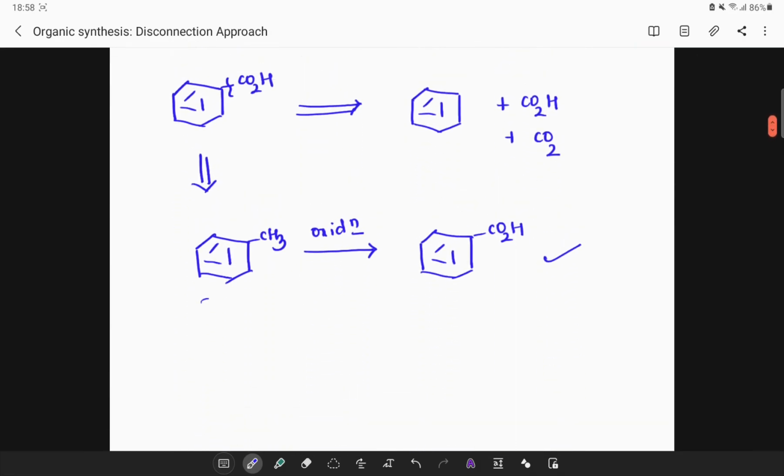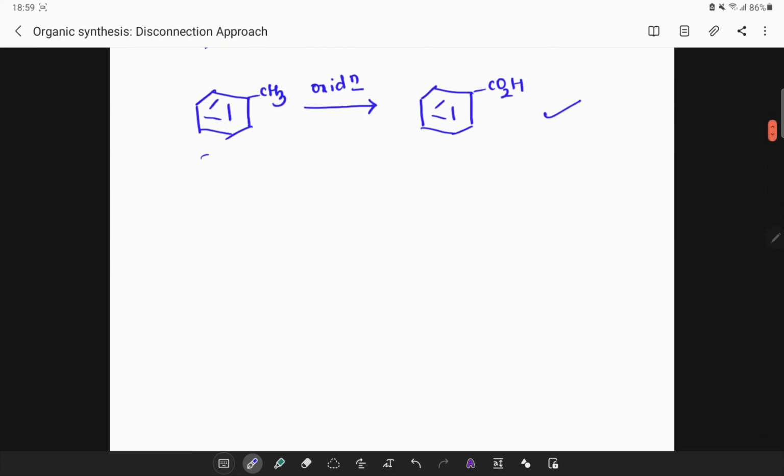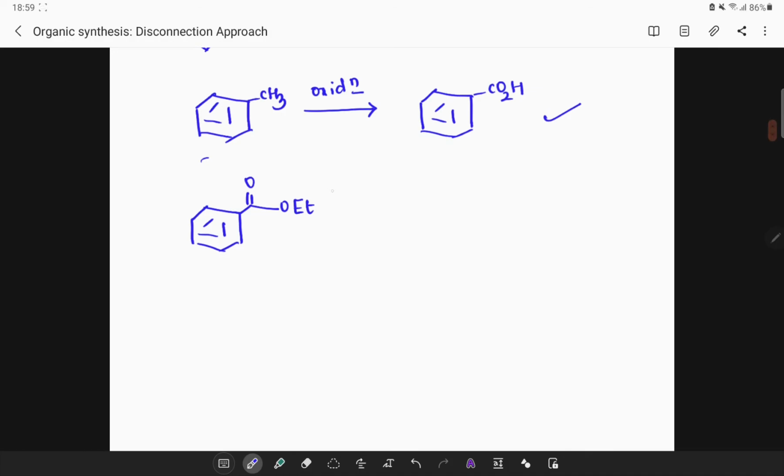In this case, benzoic acid is my target molecule, or there can be a system like an ester. This is my target molecule. How I can synthesize this target molecule is by trying to cleave it down by the system, where I will be able to understand.